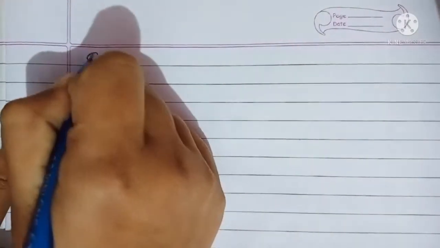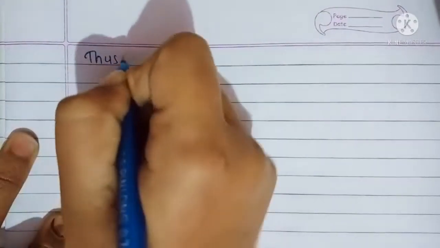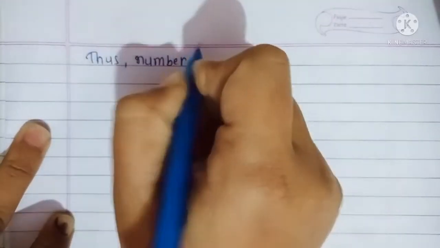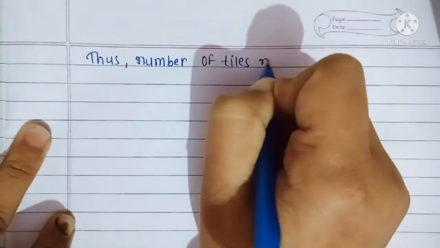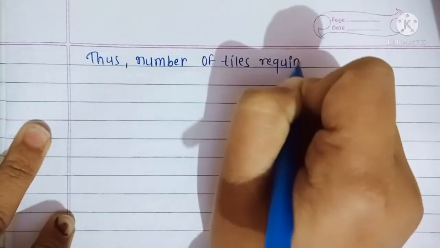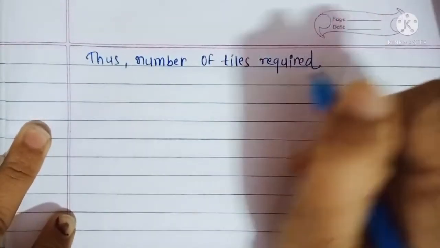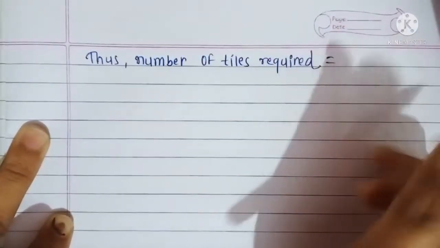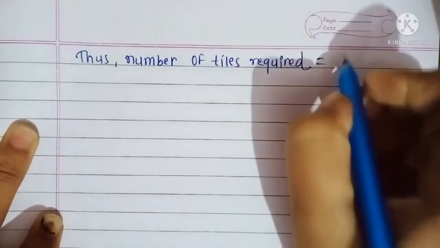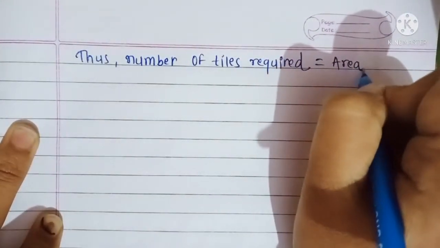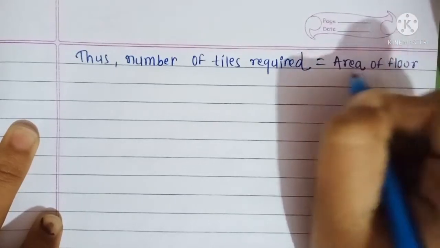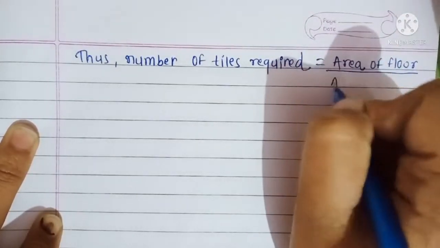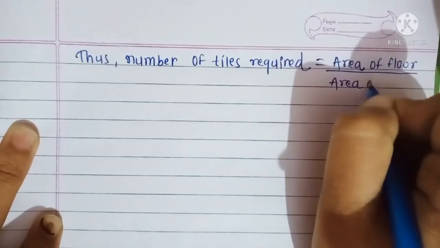Thus, number of tiles required is equal to area of floor upon area of tile.